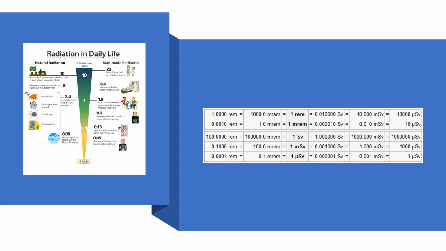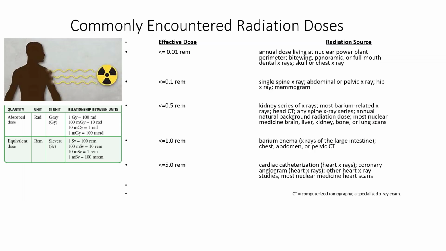Notice that there are millisieverts as a measurement that we often use to describe the doses that we give patients today. We use the term Sievert as an equivalent to the traditional term Rem.